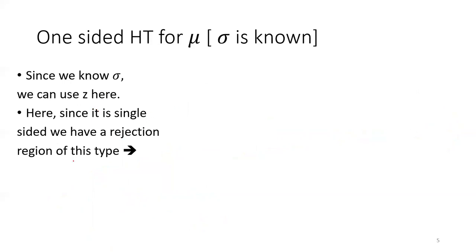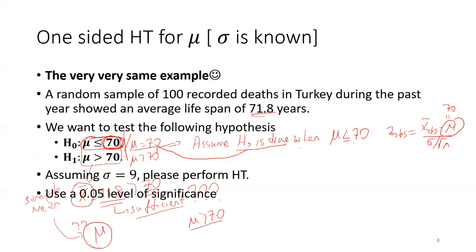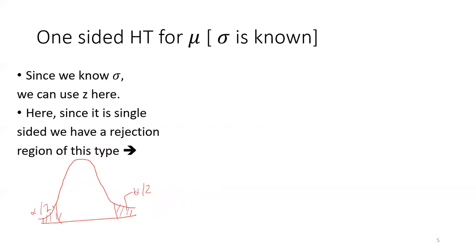So we have a single-sided test. Remember, when we have alpha and we use z as our test statistic, we put alpha over 2 on each side. But this is a one-sided test. We just test whether mu is greater than 70 or not.